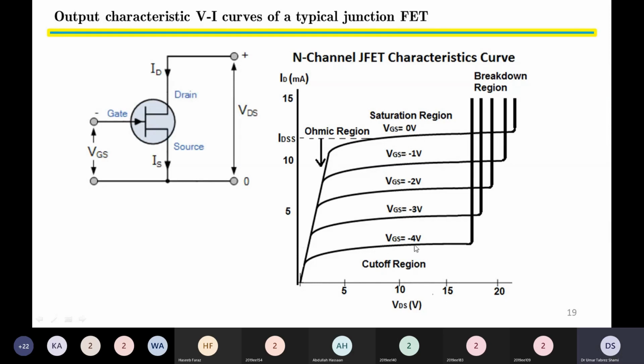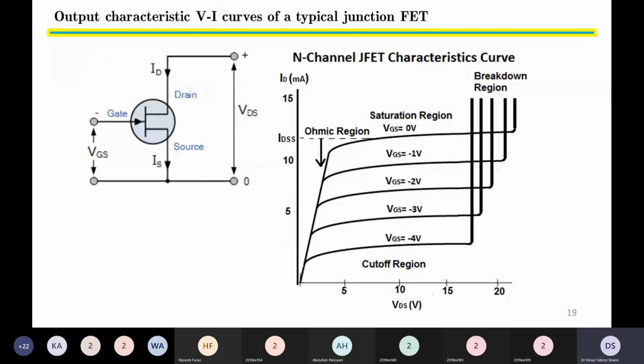So we see different characteristics for different values of voltage gate and source. And why is the voltage gate to source negative? Because we have to reverse bias gate and source. Therefore, we are giving a negative voltage.